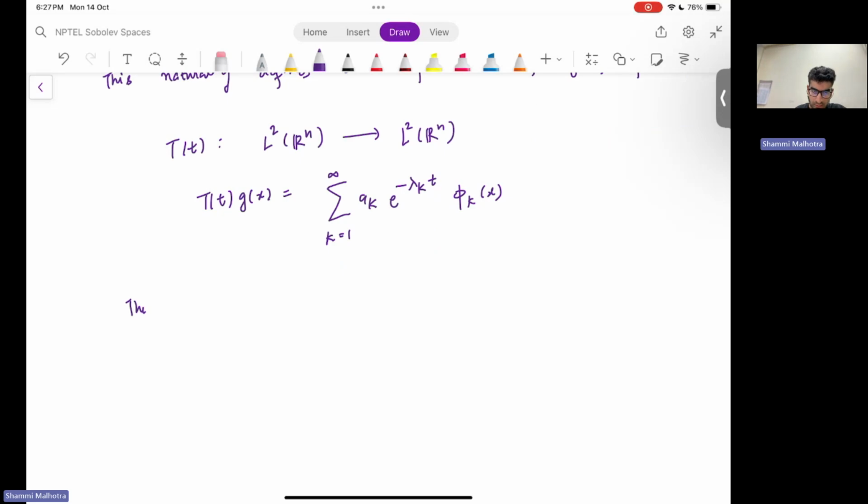This family is defined for all t greater than or equal to 0, because the solution is there.